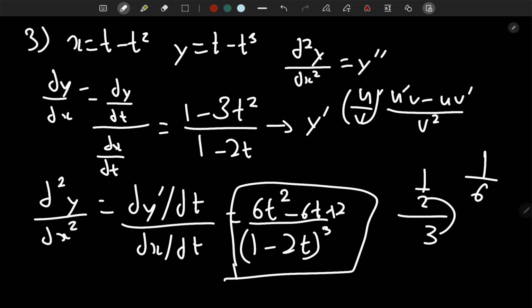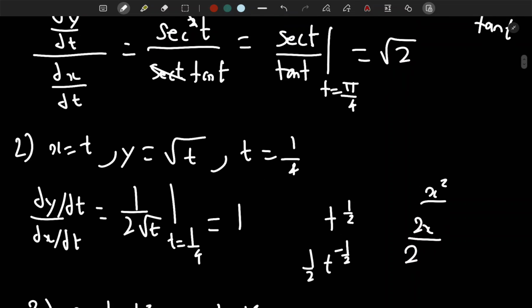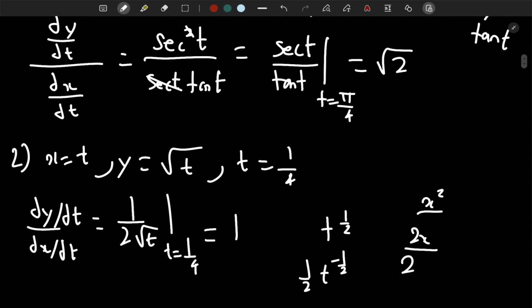Now another thing to keep in mind is, for example, in the last question that we did, we were given that in the final thing we had to substitute t equal to 1 over 4. Now sometimes in the exam, instead of giving you t, they would provide you with, let's say, y is equal to 10. So what you have to do here is go back to the parametric equation, which is y is equal to radical t.